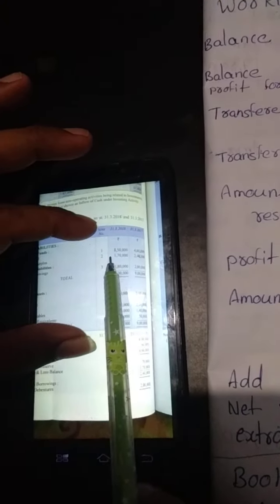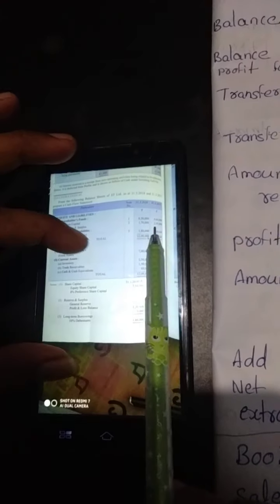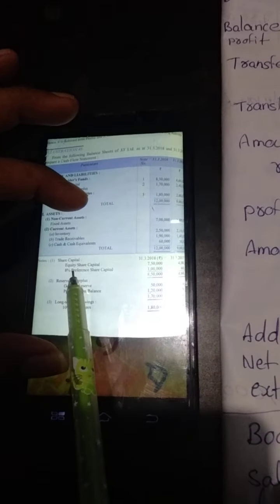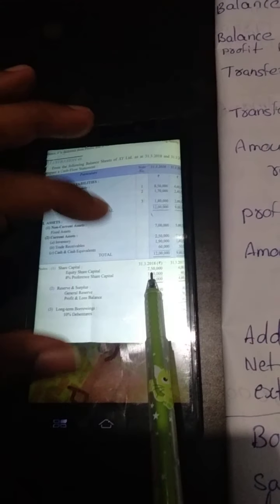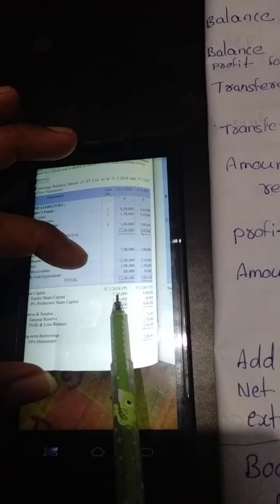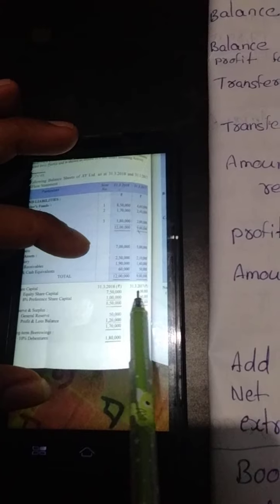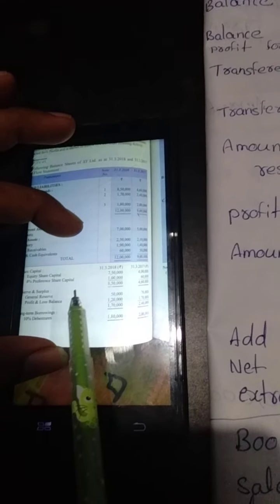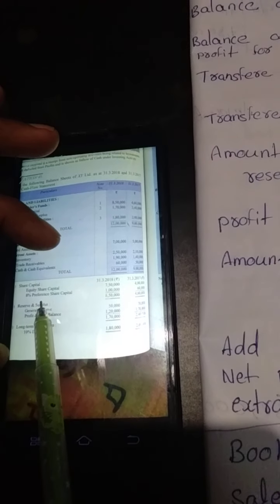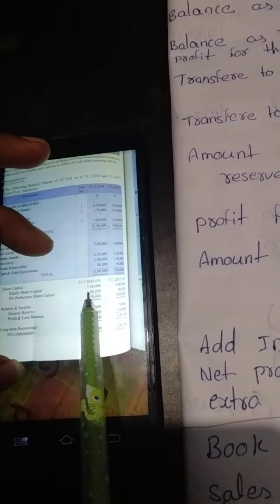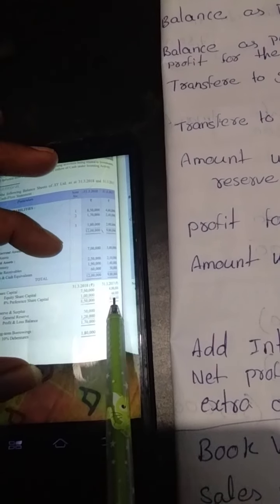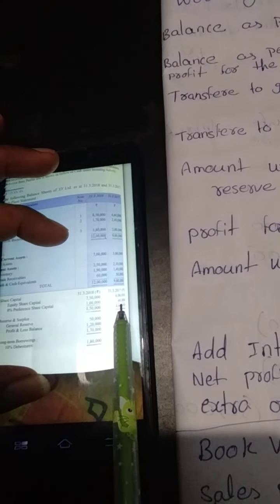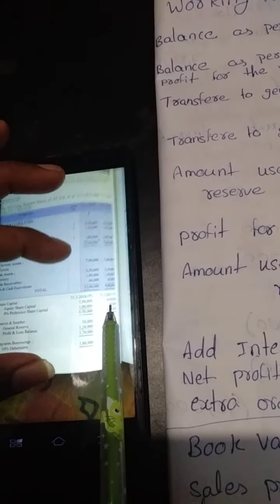So that is note number 1. In that you can see note number 1 is saying that equity share capital for the current year is 7,50,000 and for the base year 4 lakh, and 8% preference share capital is 1 lakh for the current year and 60,000 for the base year.